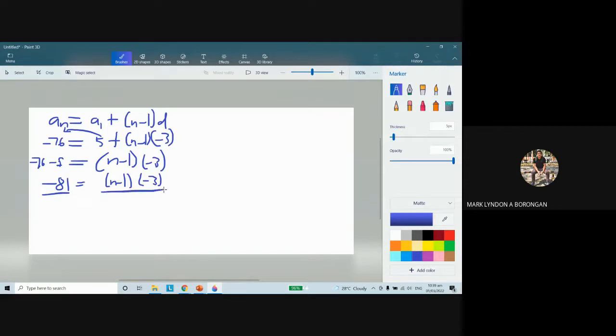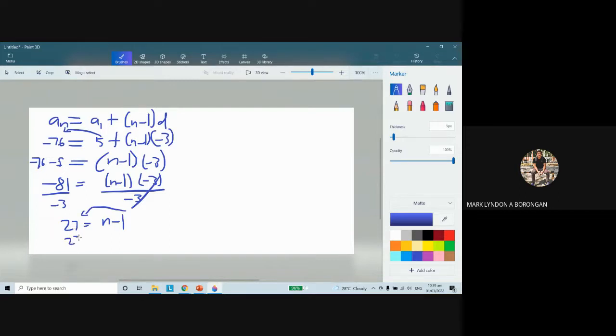Now, divide both sides by negative 3. Divide both sides by negative 3. So, cancel out the negative 3 here. This leaves you 27 equals n minus 1. We are asked to find n, so we move the negative 1 to the other side. It becomes plus.